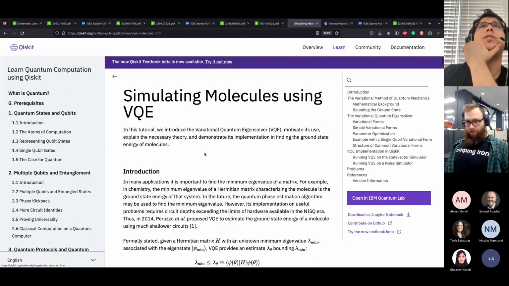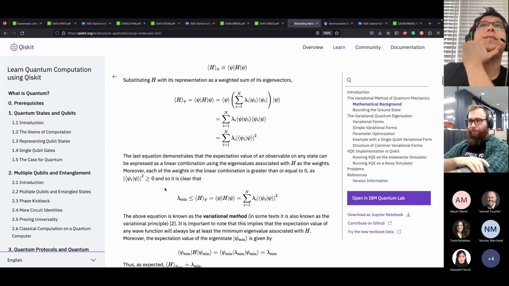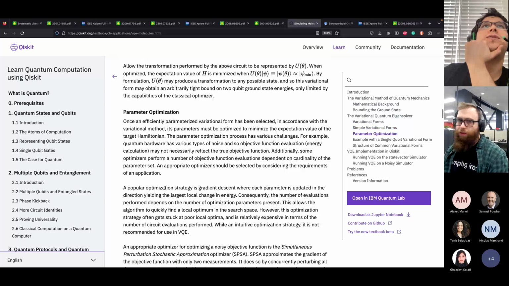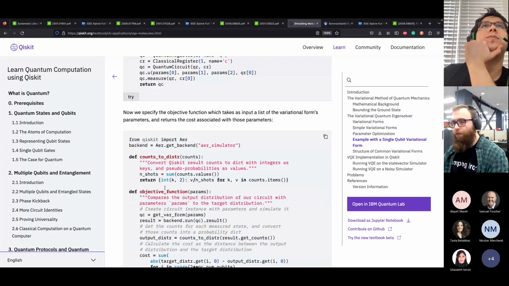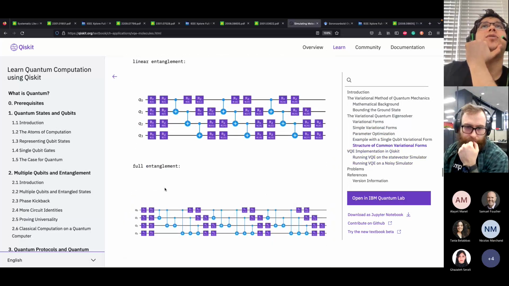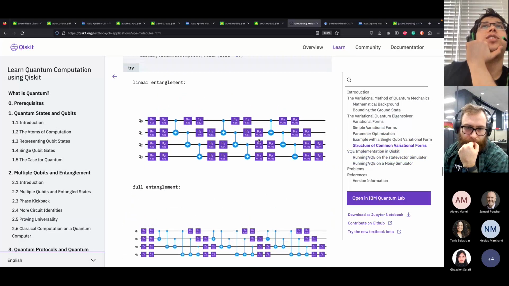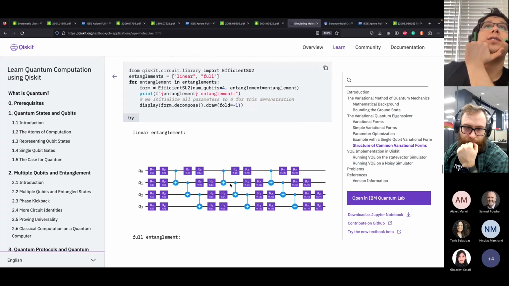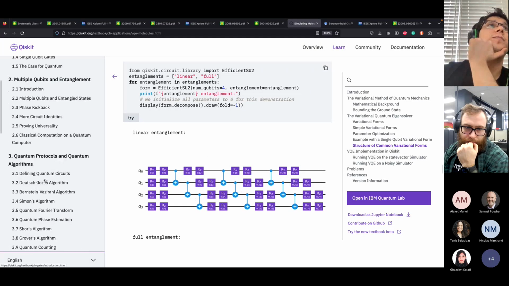These simulating molecules, you might need a little bit of chemistry knowledge for this. I don't think so. But this VQE, basically, it's a variational circuit. So as you can see, this is the variational circuit they use. You can look at the code of how they produce this, how they build the circuit, and how they train them.